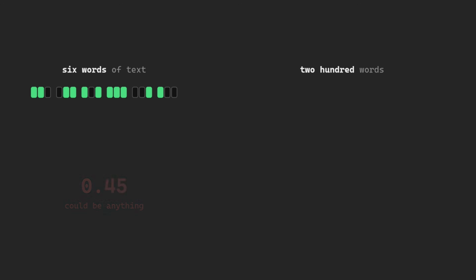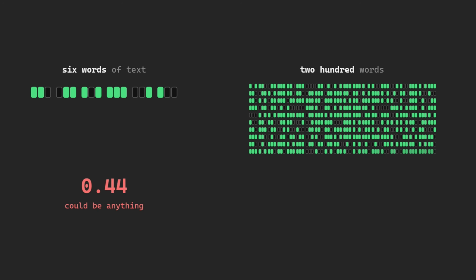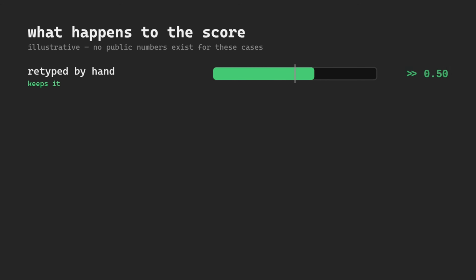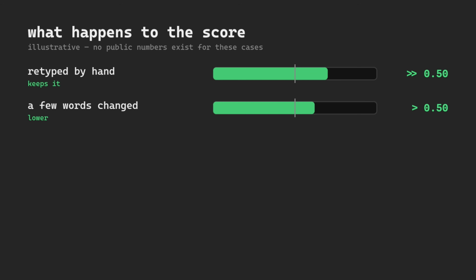the text wrong. Short text fails for a different reason. There are simply not enough words to average over. Retyping by hand keeps the watermark because the words are unchanged and the words are the entire signal. Changing a few words lowers the score, and how far it drops depends on how much you changed.